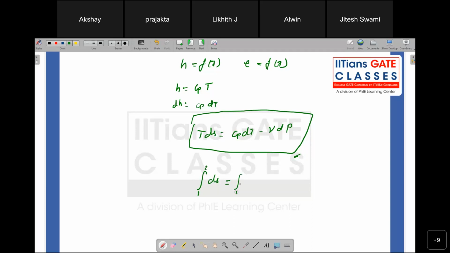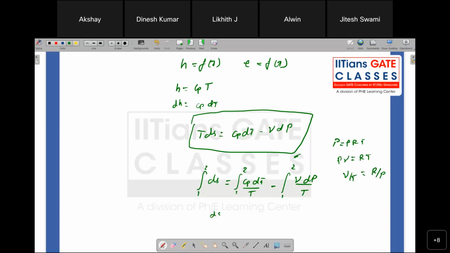Then ds integrated is the integral from 1 to 2 of Cp dT divided by T, minus the integral from 1 to 2 of V dP divided by T. We know from our state relation P is equal to rho RT, where rho is 1 by specific volume, so PV is equal to RT, or I can write V by T is equal to R by P. So I can substitute over here.